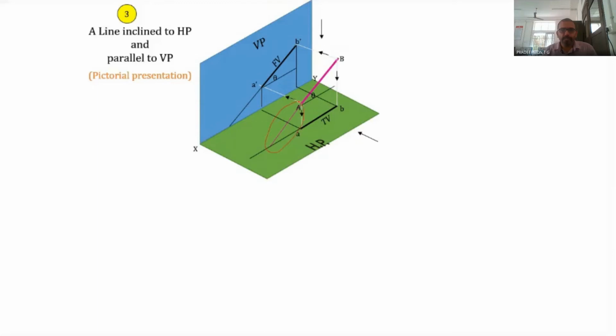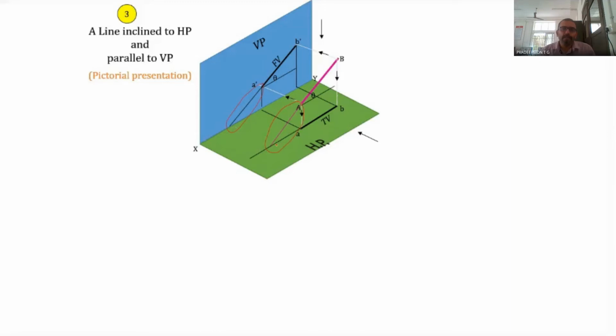When we project this extension to the front view, it will look like this. It is actually an extension of the line A dash B dash itself. So if we increase the length of A dash B dash towards the left, then it will be like this.